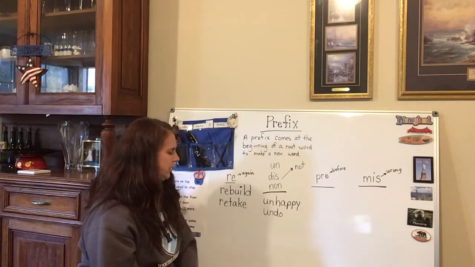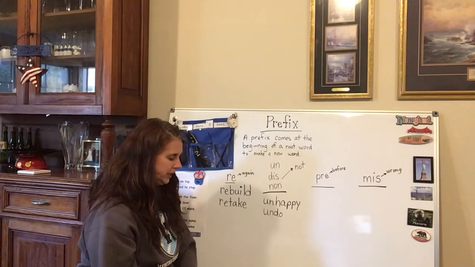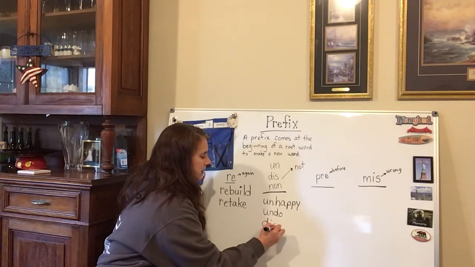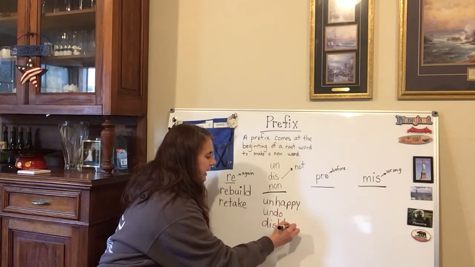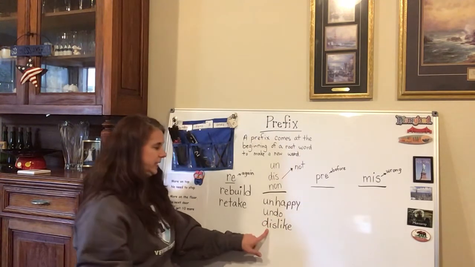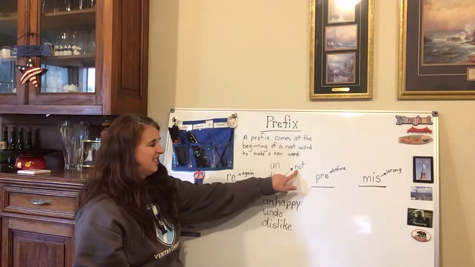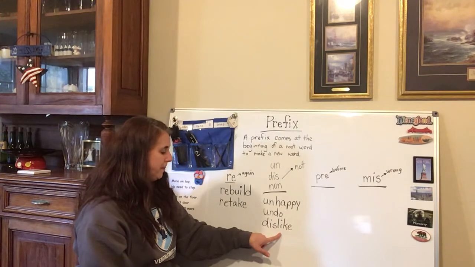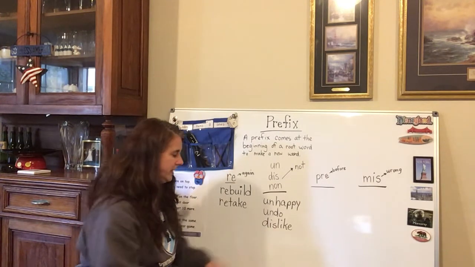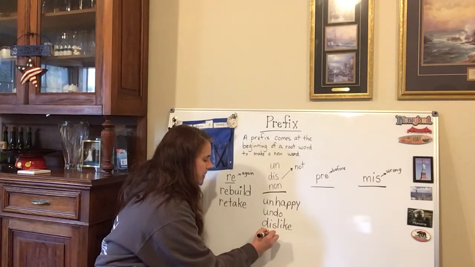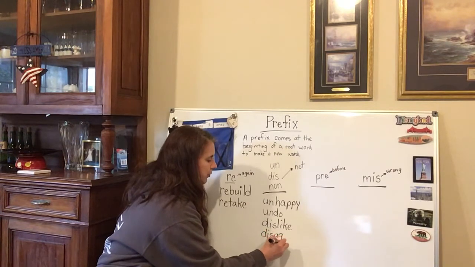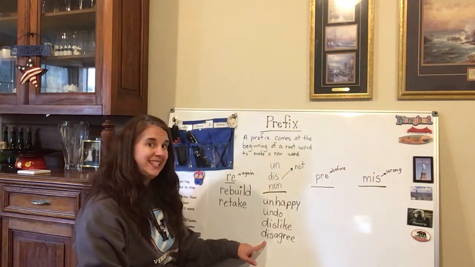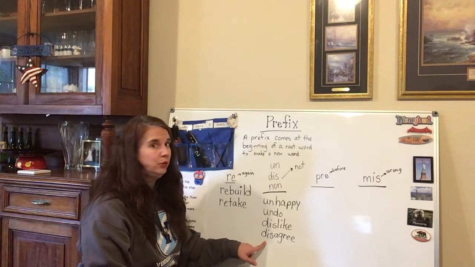Let's do some with dis. Dislike. So if we have the root word like and we add the prefix dis to it, it means you don't like it. Not liking something means you don't like it. Disagree. Okay. So if you have the root word agree and you add the prefix dis to the front, that means you don't agree.